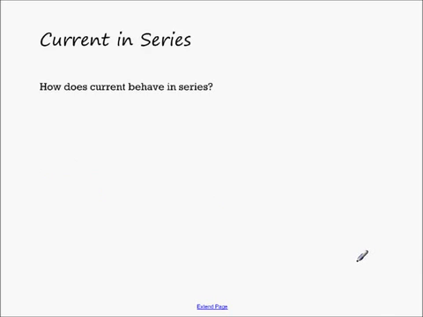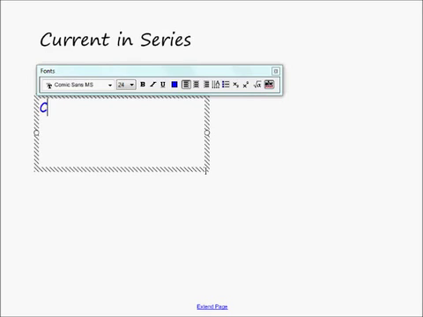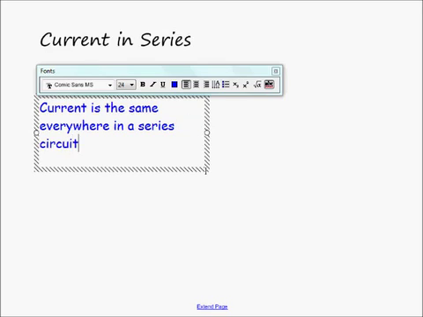How does current behave in series? Just a few things to remember. We'll do this more in class, but generally, current is the same everywhere in a series circuit. Remember series is where everything is just in one line, or one loop, essentially. That's all you have to remember.